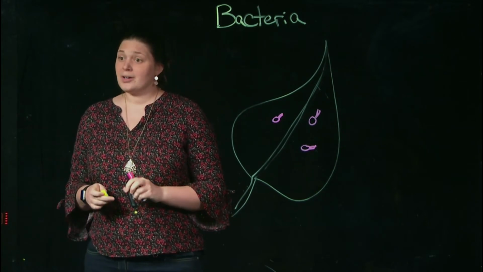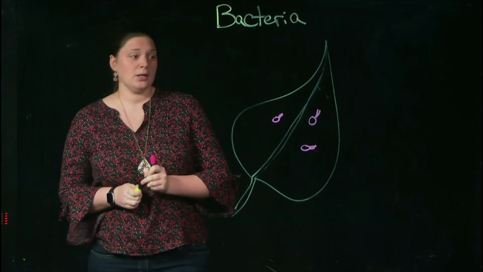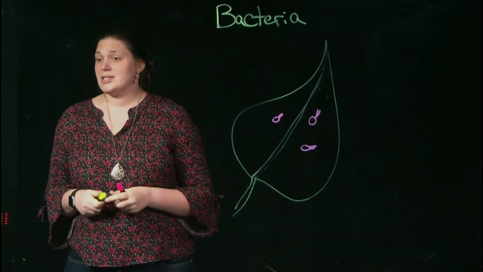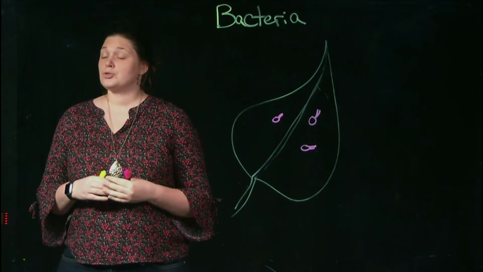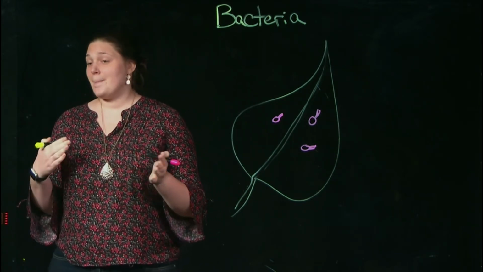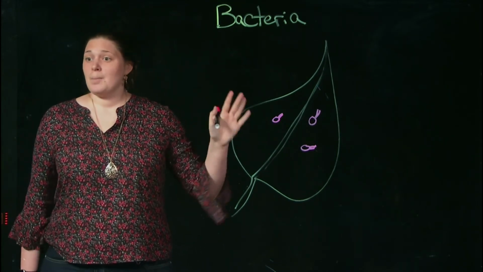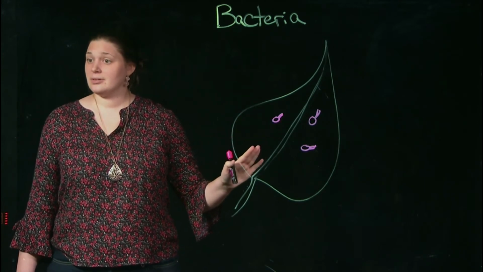For the most part, they're not pathogens by nature. Bacteria are what's known as facultative parasites, which means when they're put in a situation, they will transfer their mechanisms so that they can survive as pathogens, but they're more than happy living saprophytically on top of the leaf.